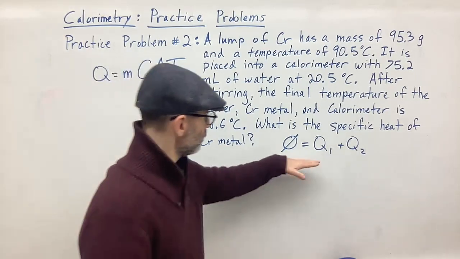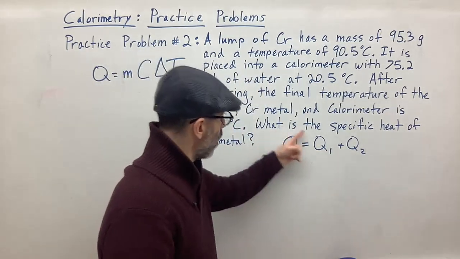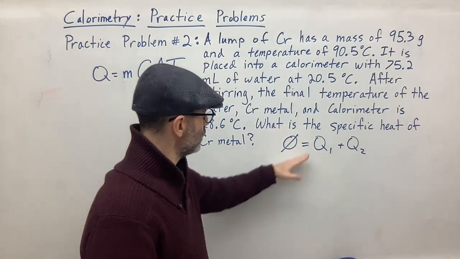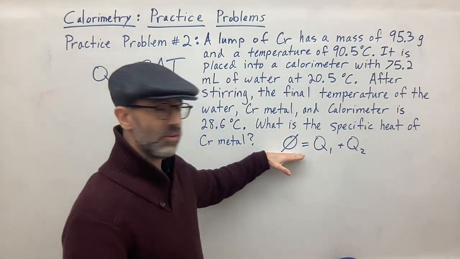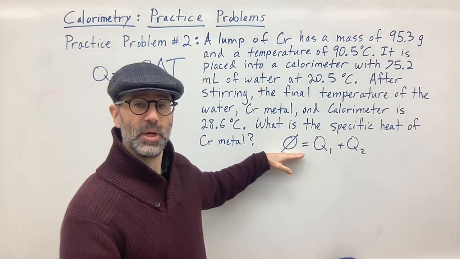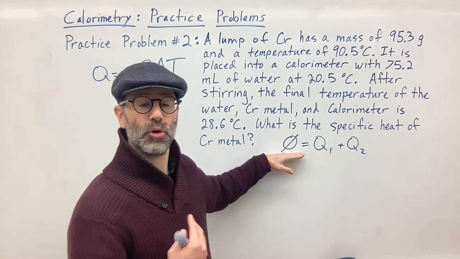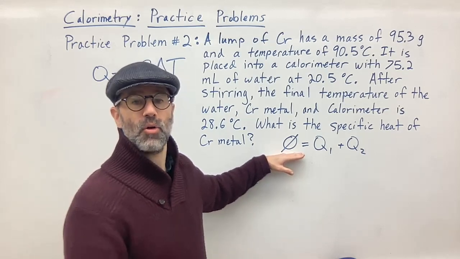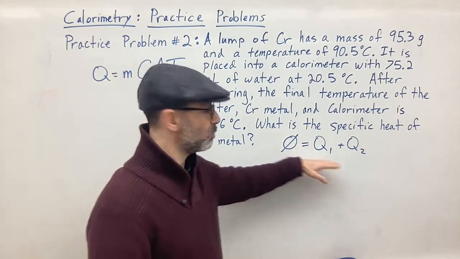So 0 equals Q1 plus Q2. The difference in energy during the process of the system is zero. There's no change in the total energy of the system because there's no loss or gain of heat by the system. There's no creation or destruction of energy during this process.